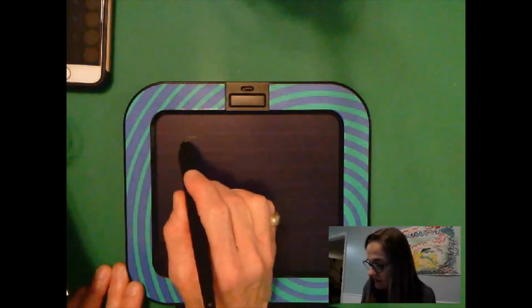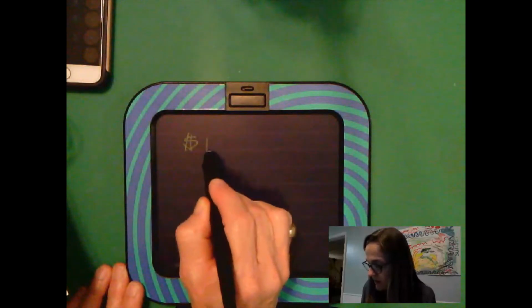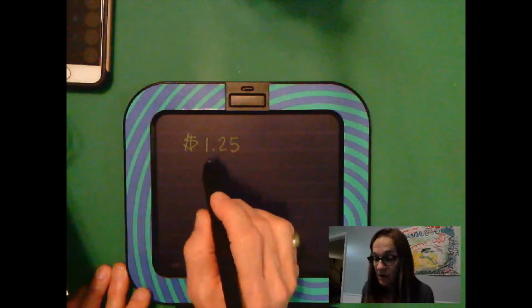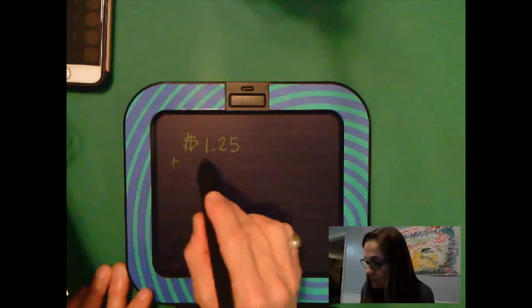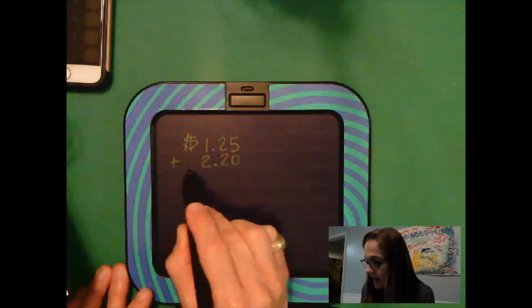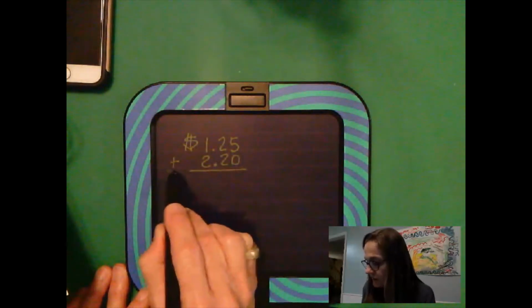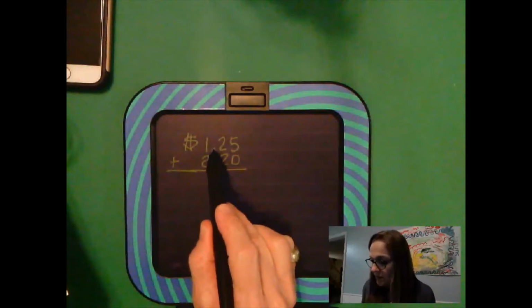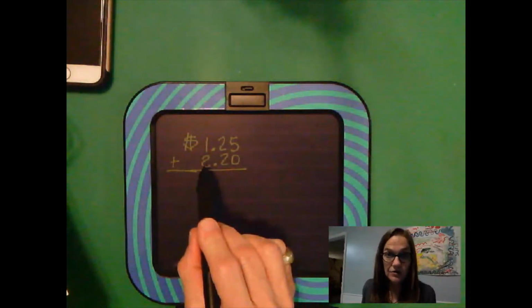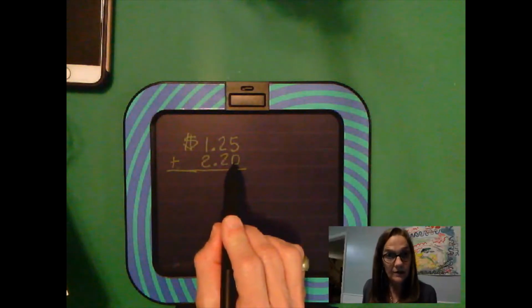Let's try to figure out how to add $1 and 25 cents plus $2 and 20 cents. Okay, now I want you to notice the period. The period separates the dollars from the cents.